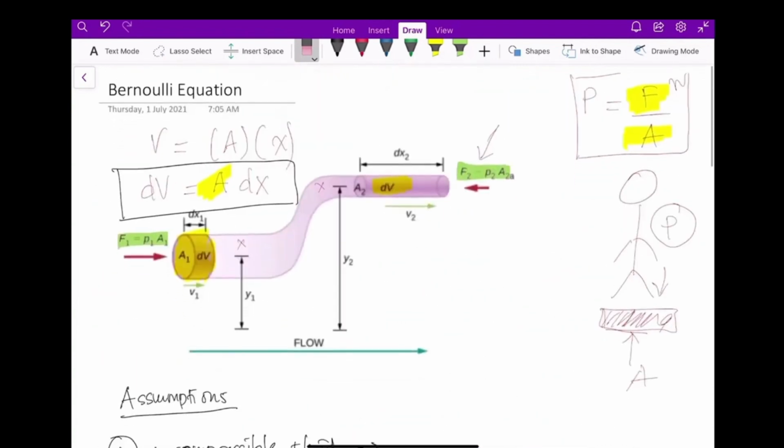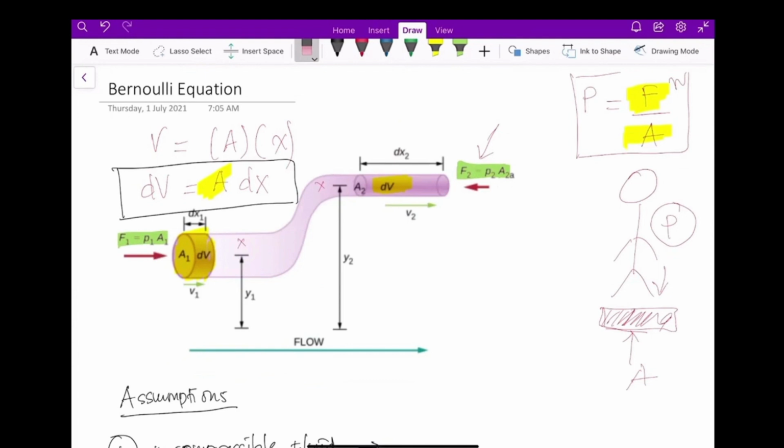Just imagine one pipe, not this picture. Just imagine a short pipe. Let me draw it a little bit. We have a very short pipe, and this pipe is initially empty.